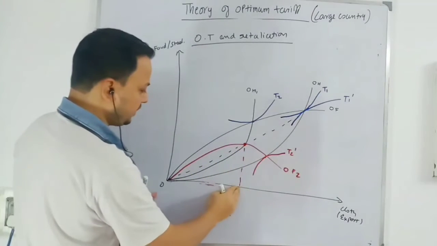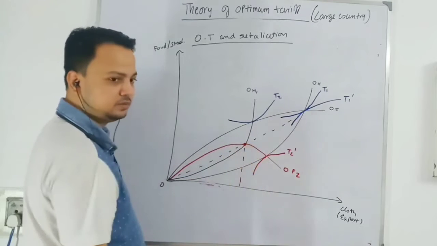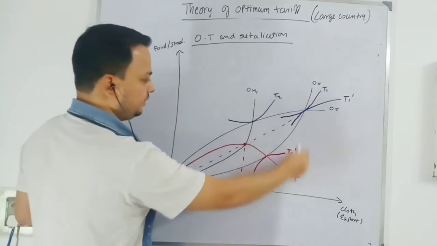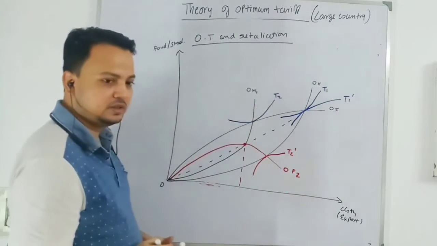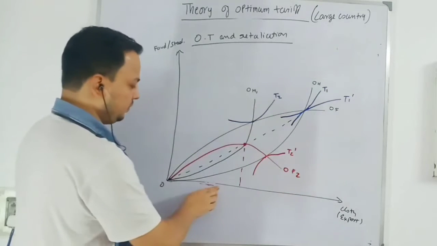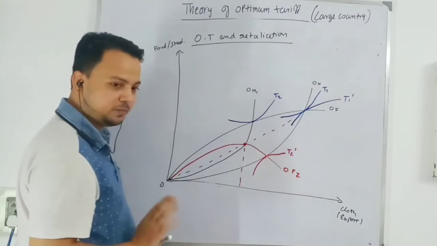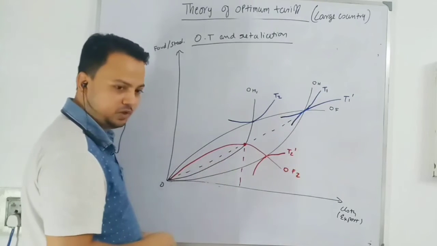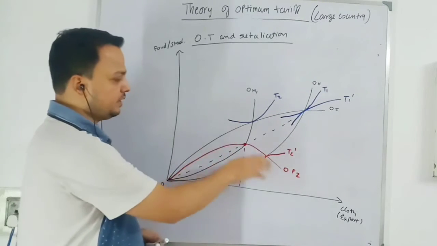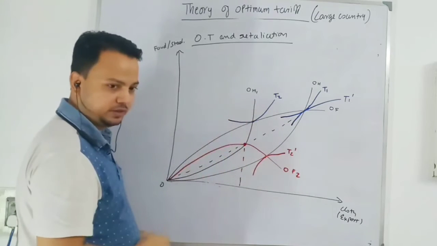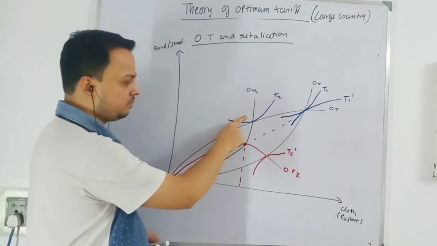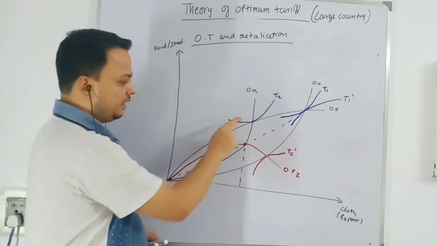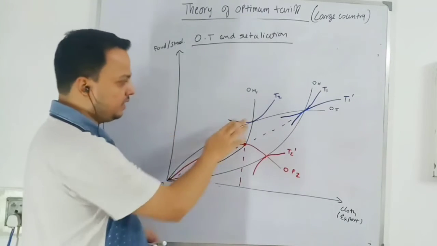You are exporting now this much and importing this much. In case of free trade, this is the volume of trade, export and import. So in case of retaliation, when the other country retaliates, what happens? Volume of trade will come down. So both countries cannot set optimum tariff together. If the home country is setting the optimum tariff and the other country is not retaliating, then it's okay.